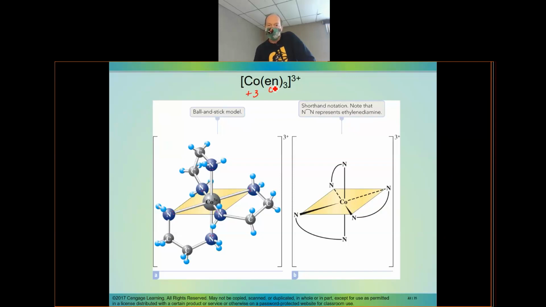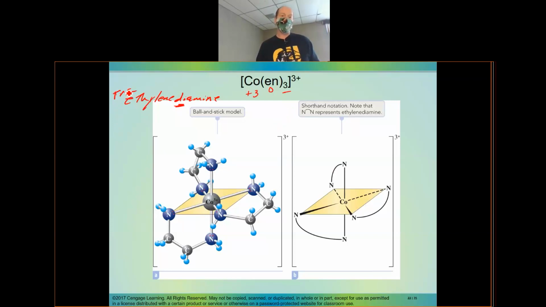Now, the name is ethylene diamine. Anytime you have a ligand name that has the Greek prefix, you cannot use another Greek prefix. So to say that you have 3 of these ethylene diamines, you don't use tri, you use tris.